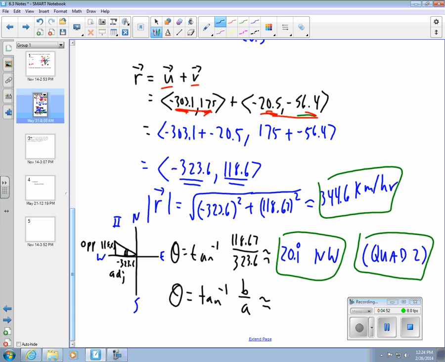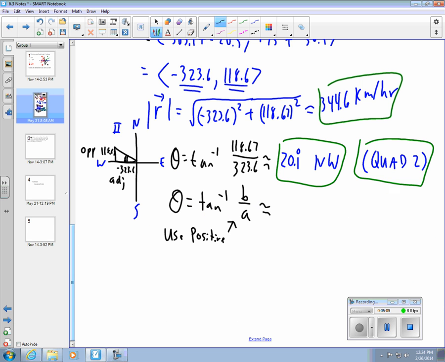Because I'm always trying to find the positive angle, I always use positive B and A values. So putting the positive values in there, we end up getting 21.1 degrees northwest.